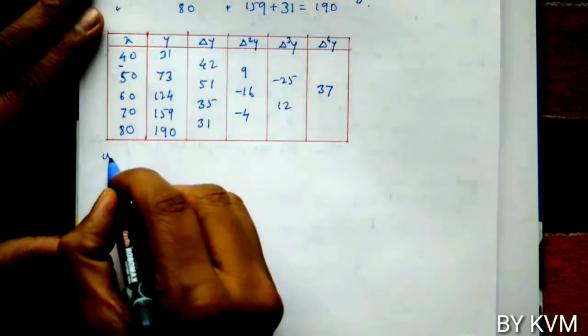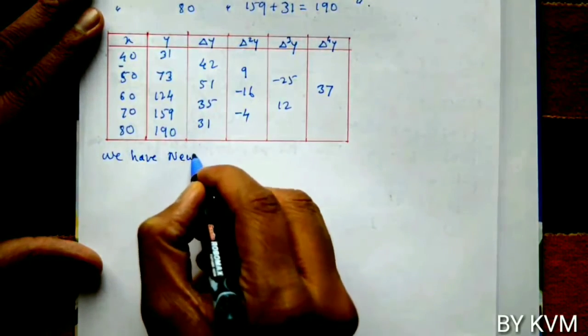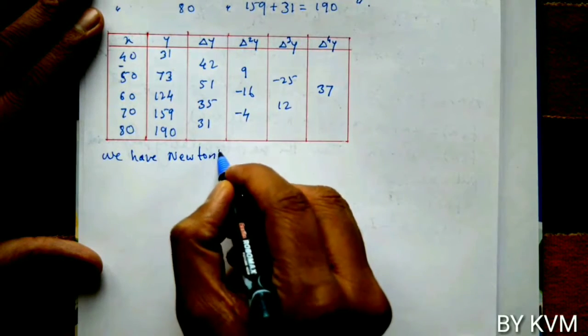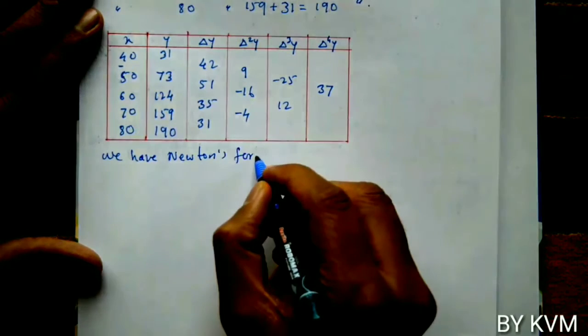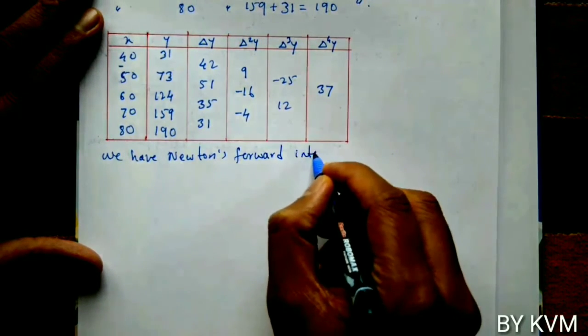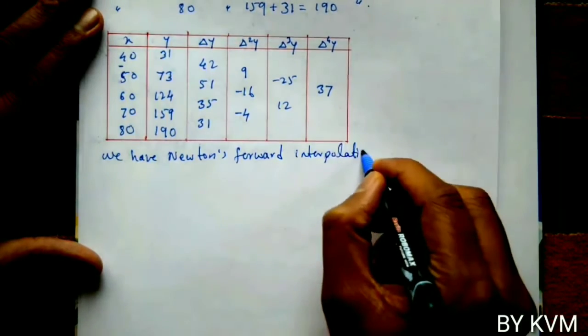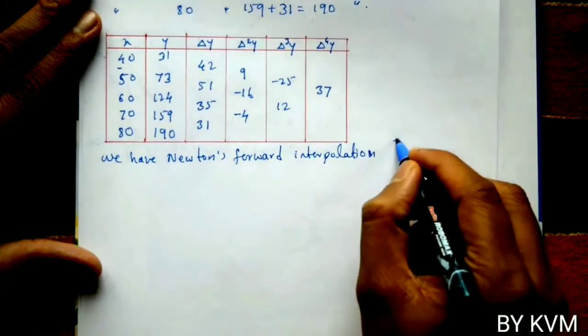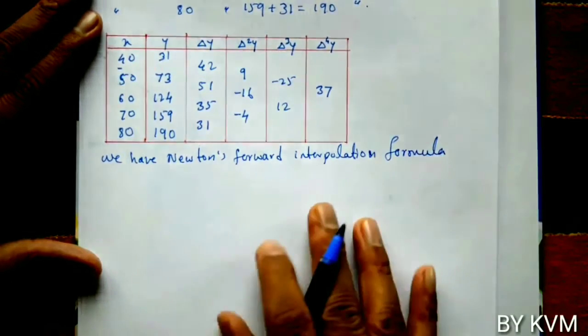So now we have to find the number of students who scored less than 45. So 40 less than 45 means it comes between 40 and 50. So 45 is closer to the first value of x, that is 40, so you have to use Newton's forward interpolation formula.